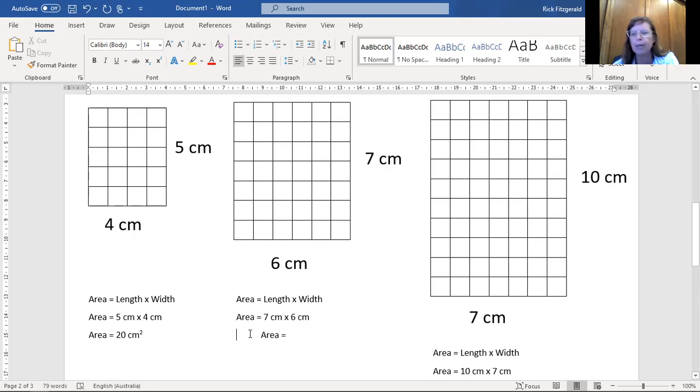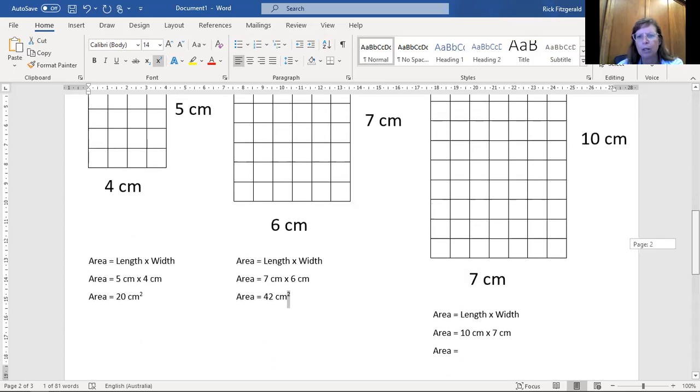Okay, so to do the same thing on this one, we have got our length times width. Our length is 7 centimetres and our width is 6 centimetres. So our area is going to be 6 times 7 is 42 centimetres, and then I'm just going to make it a little 2 at the top. Okay, so 42 square centimetres.